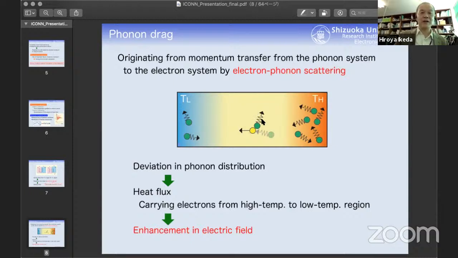At this time, the phonon transfers its momentum to the electron system. This phenomenon enhances the electric field, so we call it the phonon drag phenomenon, and this also contributes to the Seebeck coefficient.